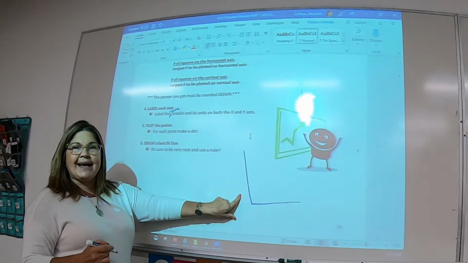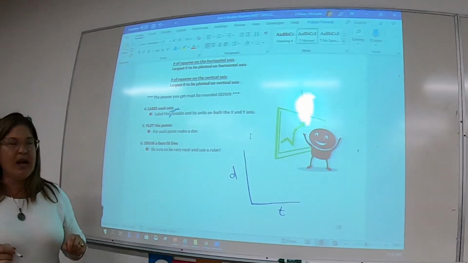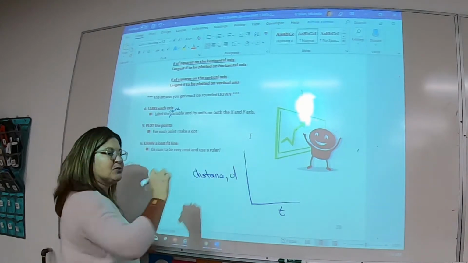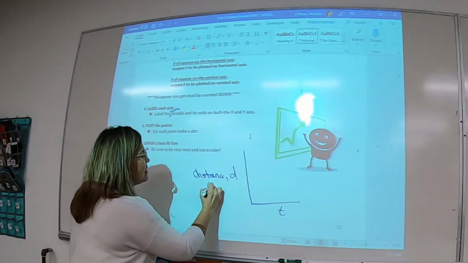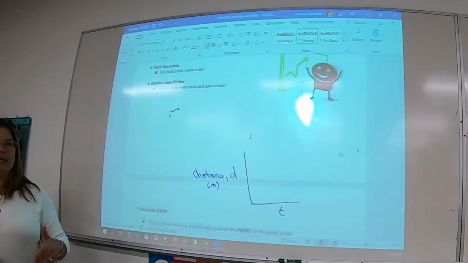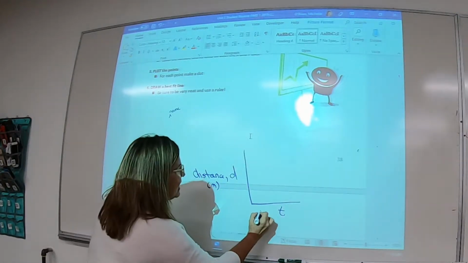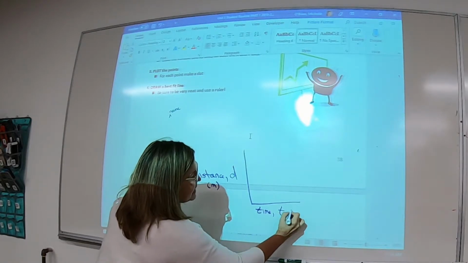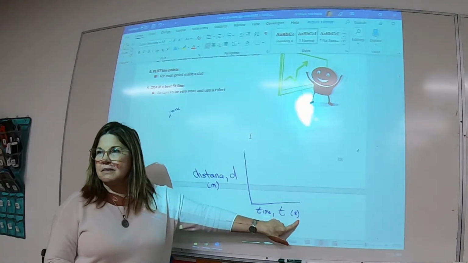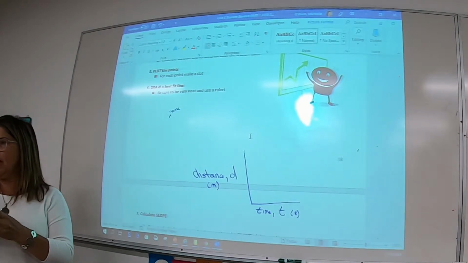If I had a sketch, I could just say D and T. But if I have a graph, I'm going to say distance. I'm going to write the symbol, and then I'm going to write units. What did I measure that distance in? Meters, centimeters, kilometers, whatever. Time, well, I'd have to write out the word time, and perhaps the units for my time was a second. Okay? So it's important that we write the word, the symbol, and the units.